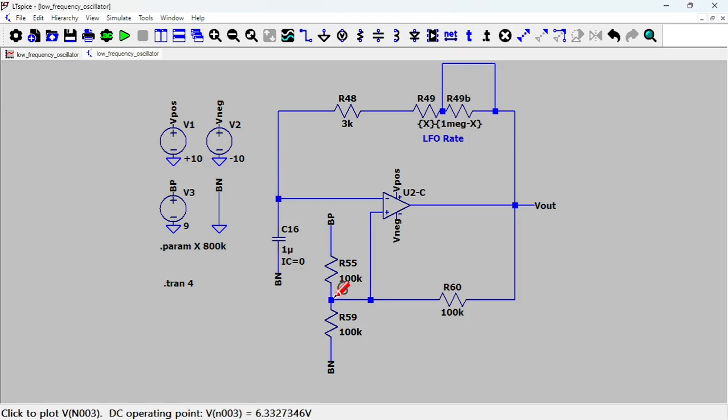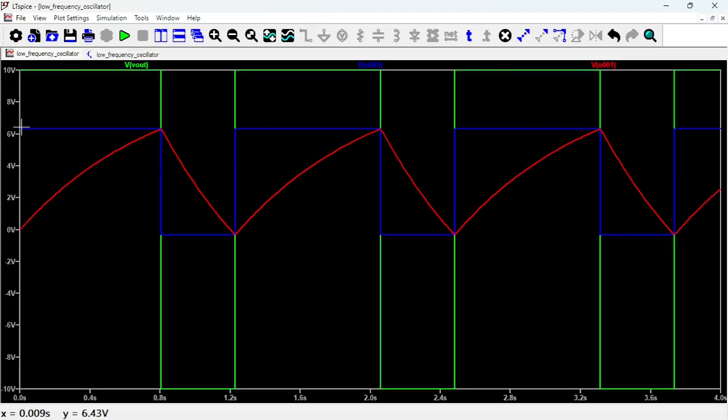So this is going to go up, and it's going to reach 6.3 volts. That's what you see here, 6.3 volts. So we are somewhere here, let's say. This one is 6.3 volts, it doesn't change, and this one goes up because it's charging.